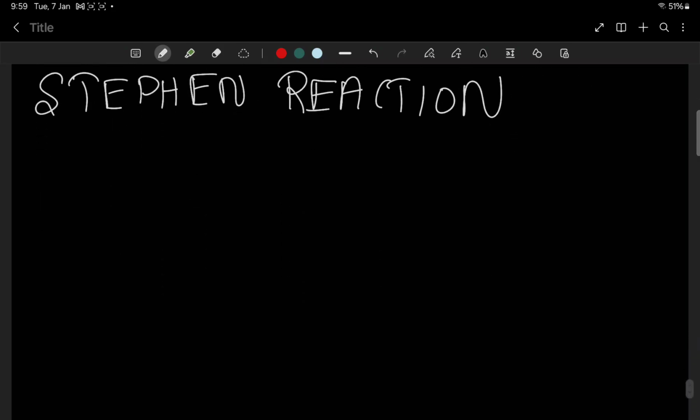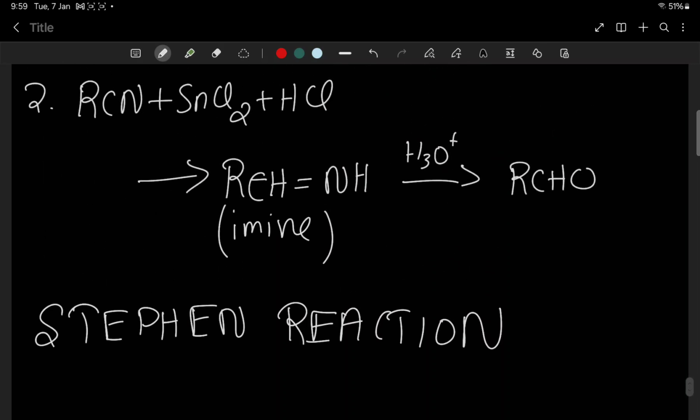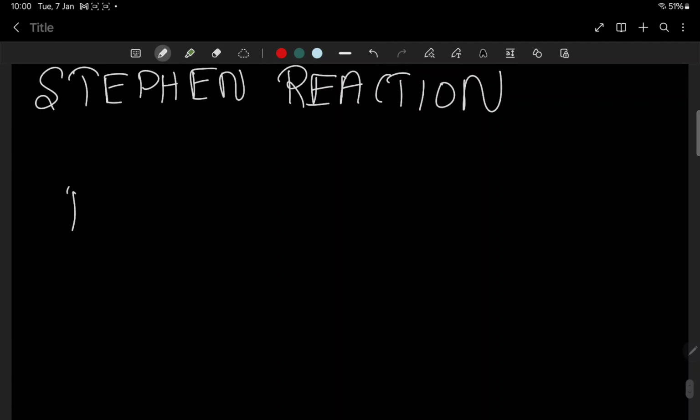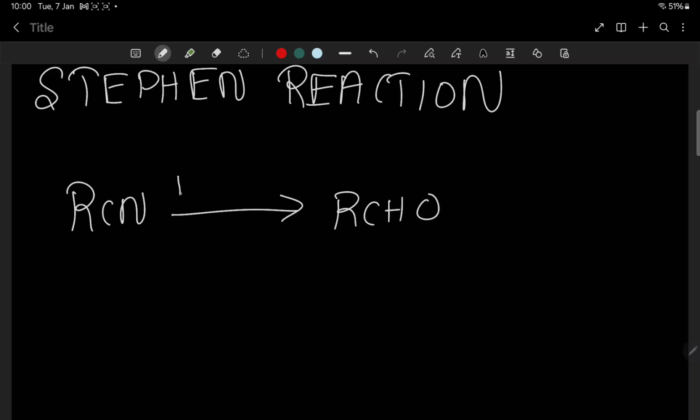Now, instead of using this SnCl2 HCl and all, I can directly convert RCN into RCHO using DIBAL-H. Use DIBAL-H, then hydrolyze it with H2O. I can convert it.